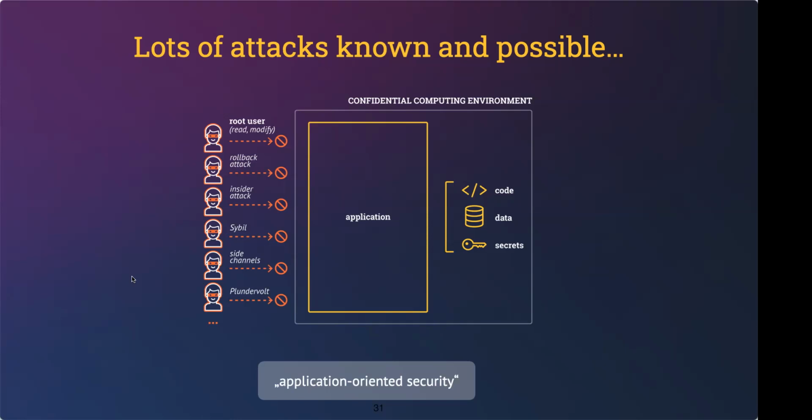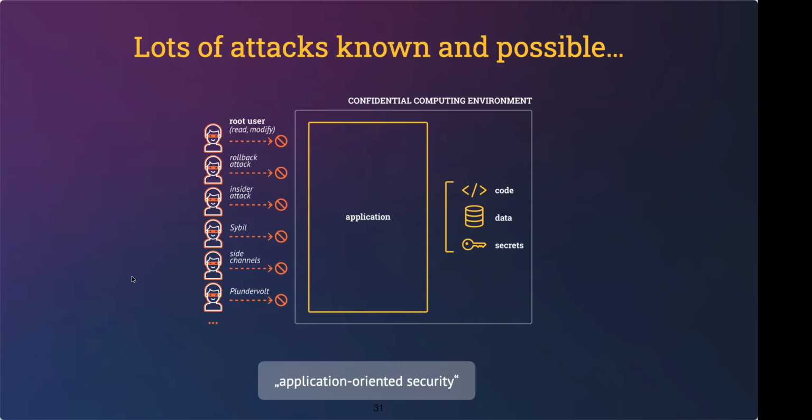There are insider attacks and Sybil attacks. A Sybil attack is where I just imitate the existing system. There are side channels, which have been very popular over the last few years, where I try to use, for example, caching behavior, or look at my cache to derive some secrets.